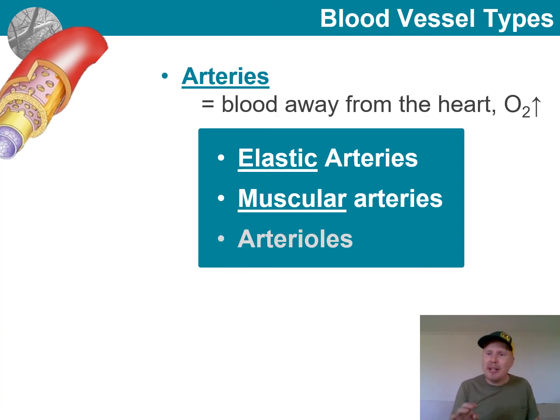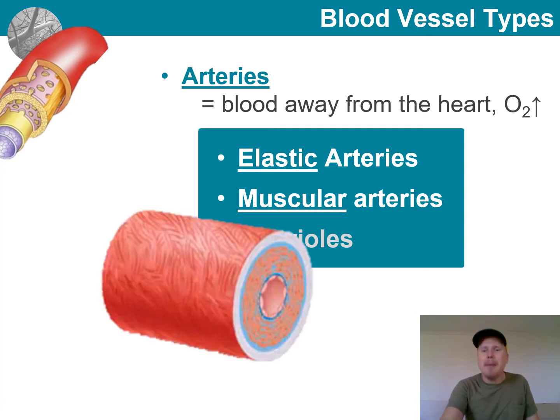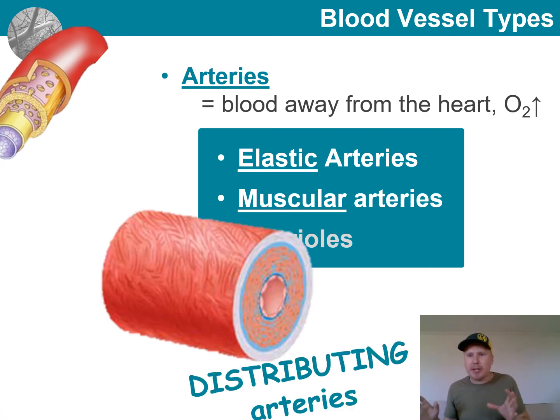Now we will look at the muscular arteries. Muscular arteries differ from the previous ones. Let's see how. These are sometimes referred to as our distributing arteries. Remember, whereas elastic arteries were conducting, simply handling the pressure fluctuations and a high blood pressure, these muscular arteries are now going to be different from that.